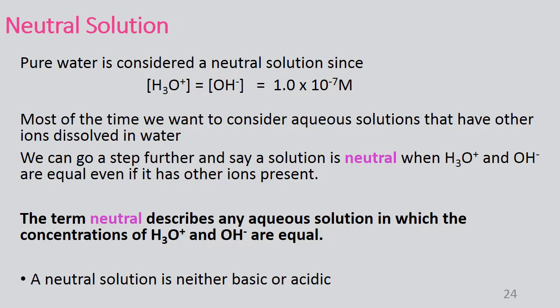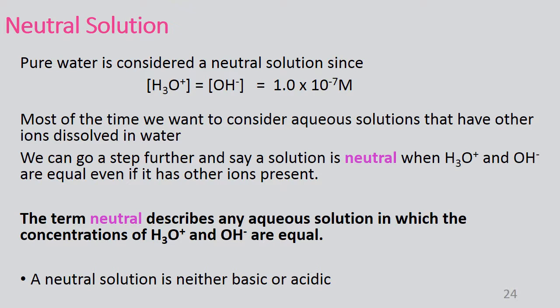Okay, so if you have pure water, like we said just a minute ago, H3O plus concentration equals the OH negative concentration, and they both equal 1.0 times 10 to the minus 7th. Well, if the two concentrations of H3O plus and OH negative equal each other, we call this a neutral solution. We can say that it's neutral even if there are other ions present.